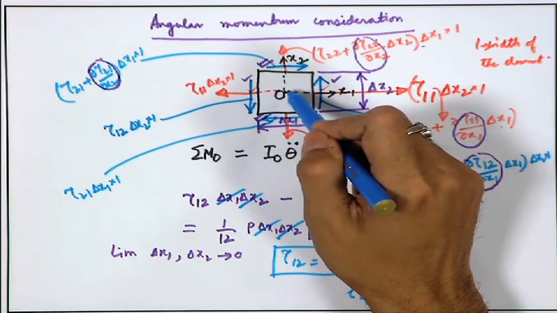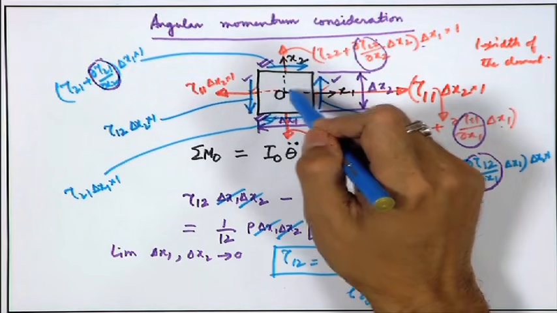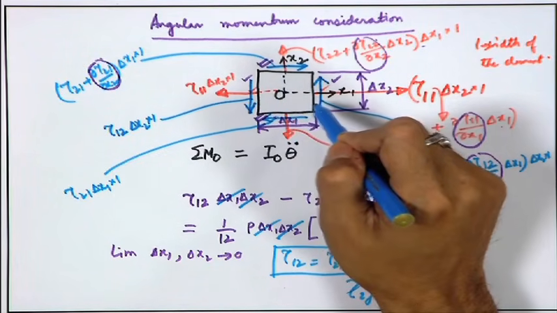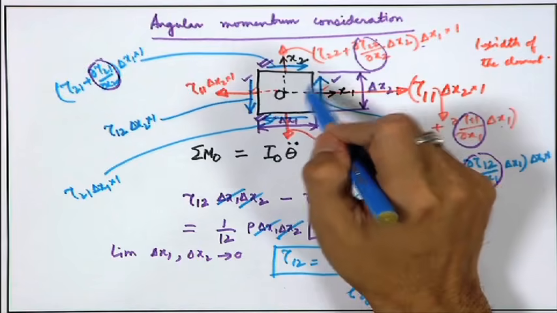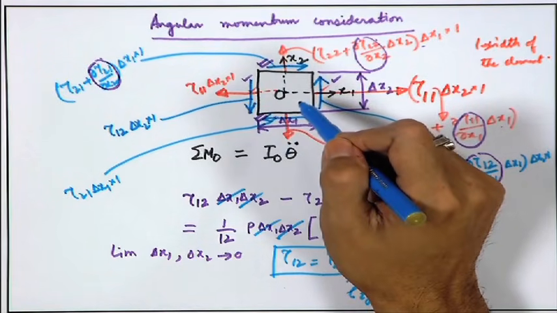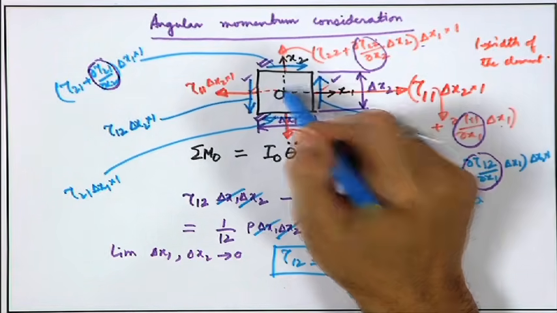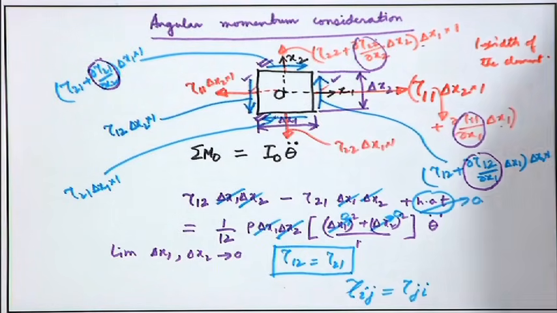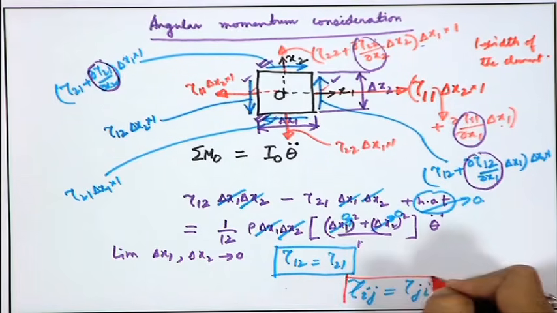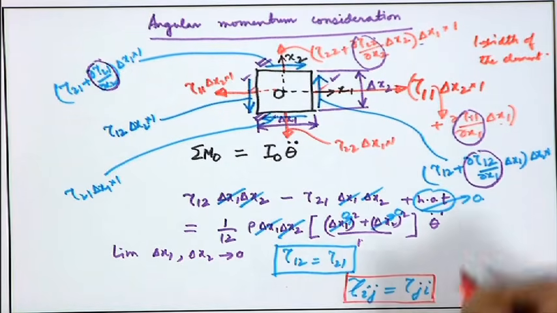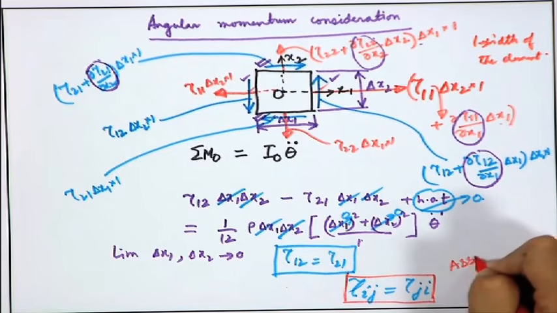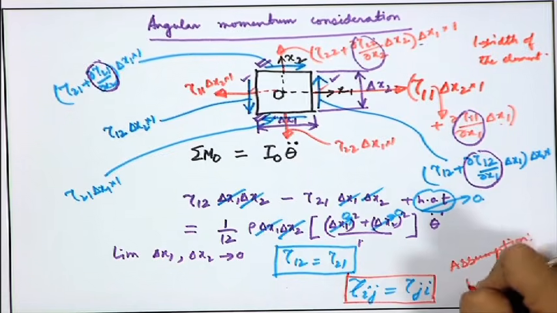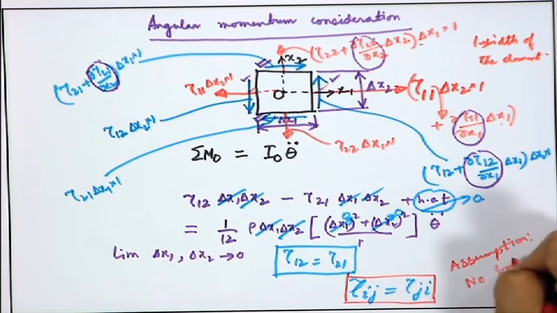If there is a body force, it is still okay, because its moment with respect to O is 0 unless it is asymmetrically distributed, but if there is a body couple, then because of the body couple there could be an additional couple moment. So, the assumption is no body couple.